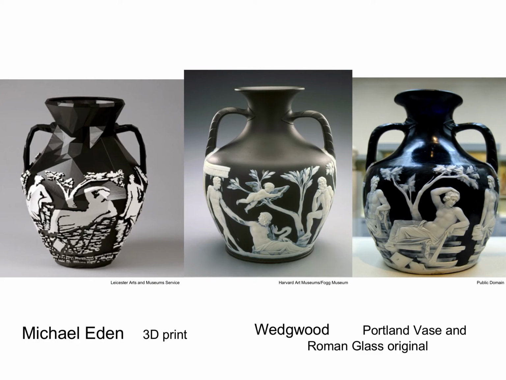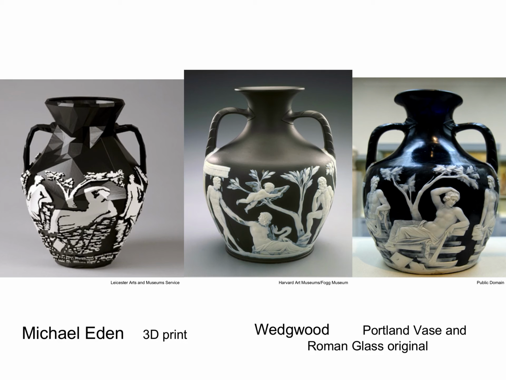So these are three very interesting examples based on the Portland vase. The Portland vase itself is a glass original that we see on the right. In the middle, there is a reworking of it in ceramic by Josiah Wedgwood towards the end of the 18th century. And on the very left, Michael Eden doing a 3D print of a Portland vase as well.